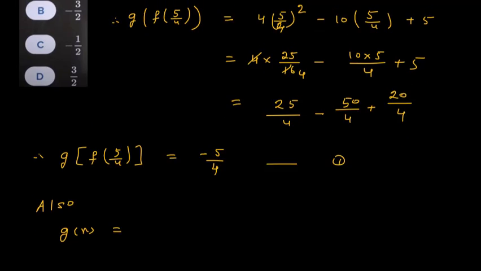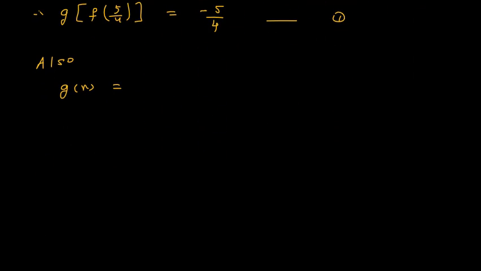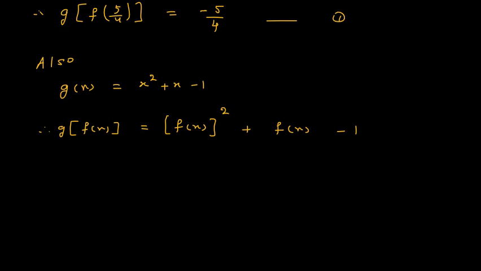g(f(x)) is given as x square plus x minus 1. So therefore g of f(x) will become (f(x)) the whole square plus f(x) minus 1.